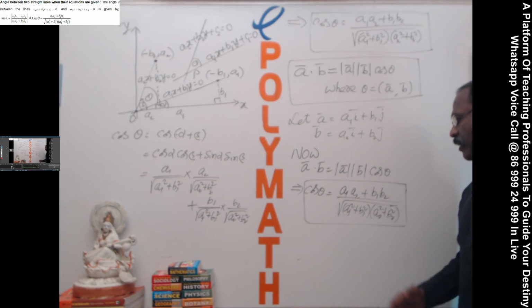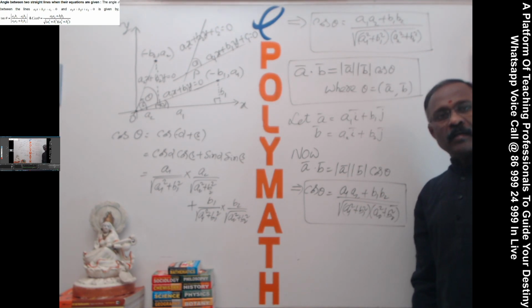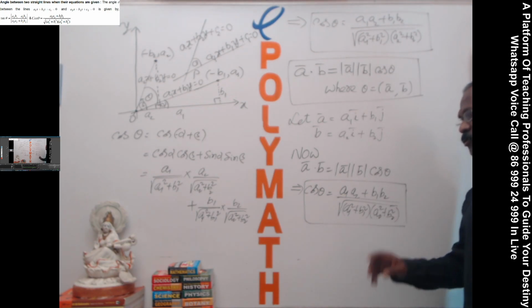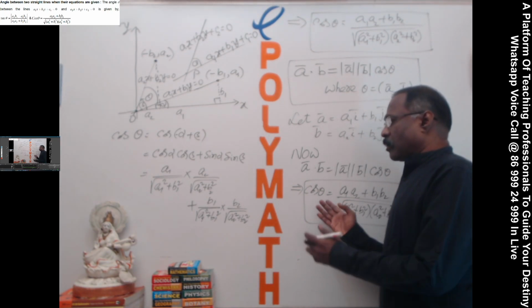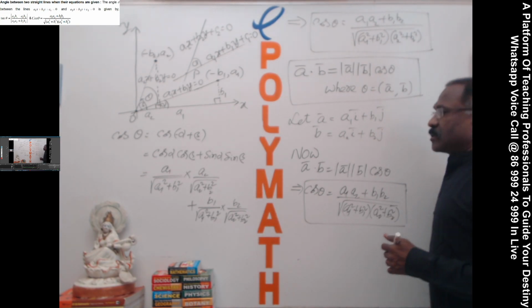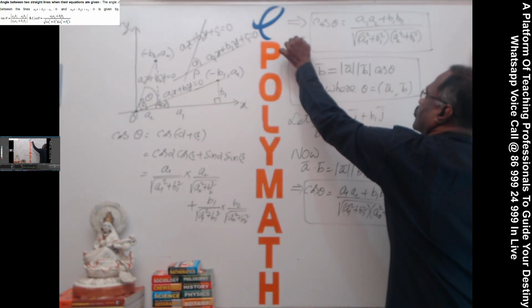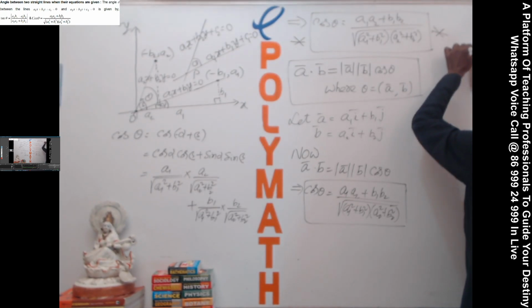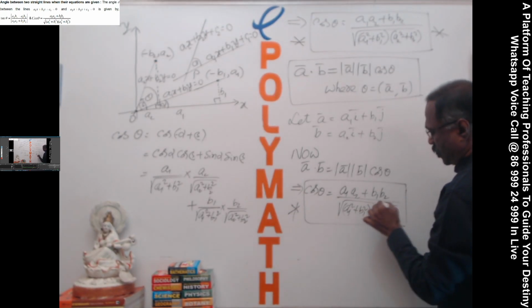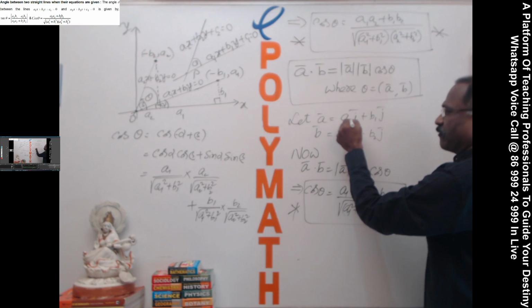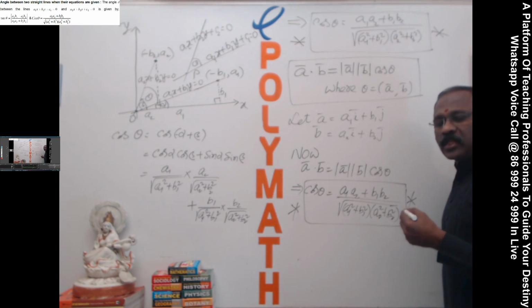Cos theta is equal to A1 A2 plus B1 B2 by root over A1 square plus B1 square into root over A2 square plus B2 square. So you can see that this formula is useful not only in two-dimensional geometry but also in vector algebra, because I have taken the vector on the xy plane.